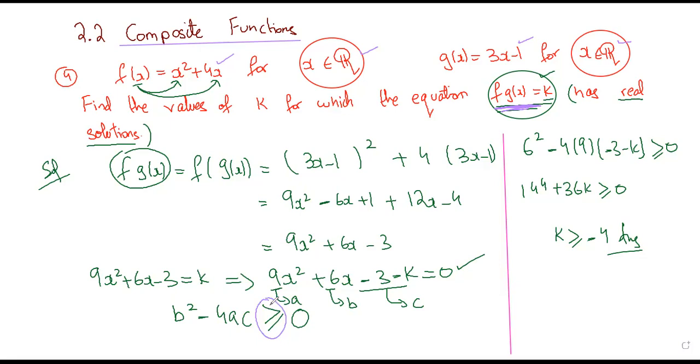For this, we need the values of A, B, and C. So for that, I had to make up this equation. And finally, after simplifying, I got A as this, B as this, and C as this. Then I plugged in the values of A, B, and C. I simplified and I got K greater than or equal to minus 4.